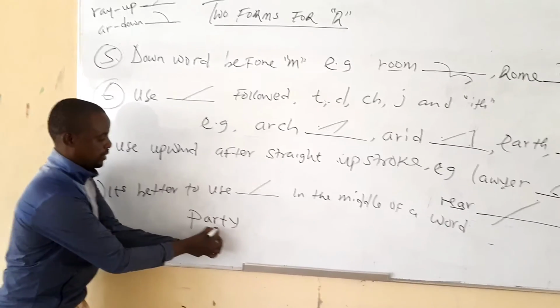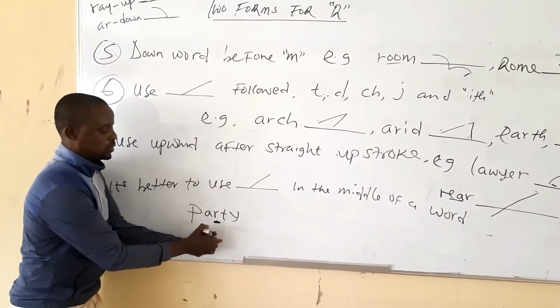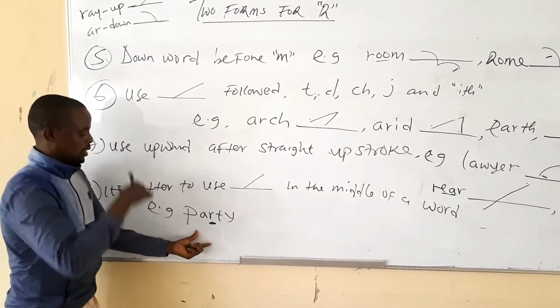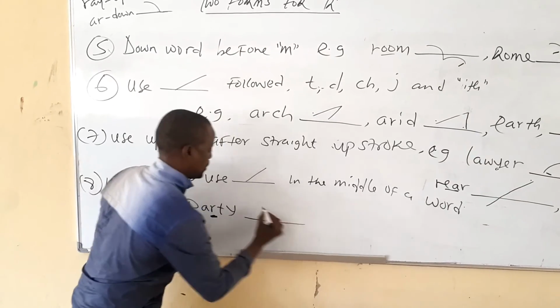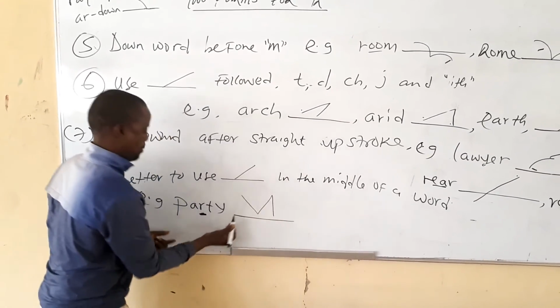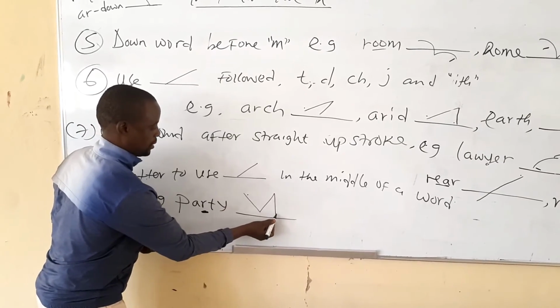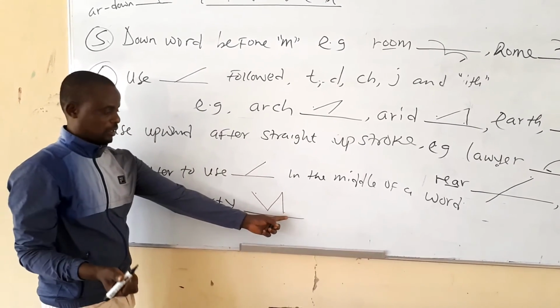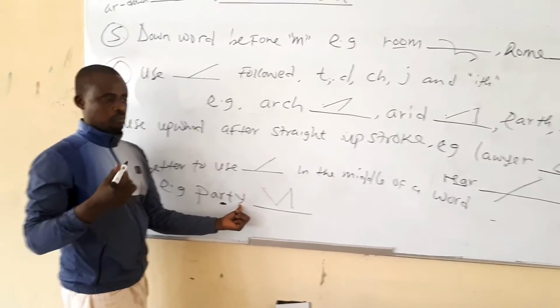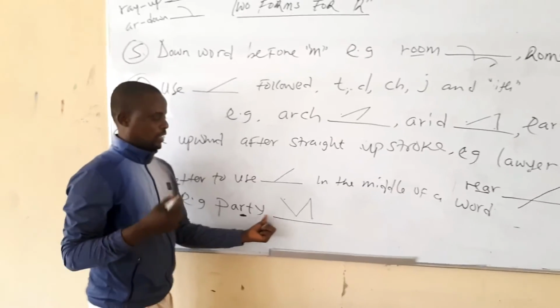Now the R is in the middle, so use downward R for forty. Then you have R, then you have T. Forty, you can see forty here. This is your vowel, don't forget, which is short E at the end. The sound of E at the end of a word represents E. That's why you can see it.